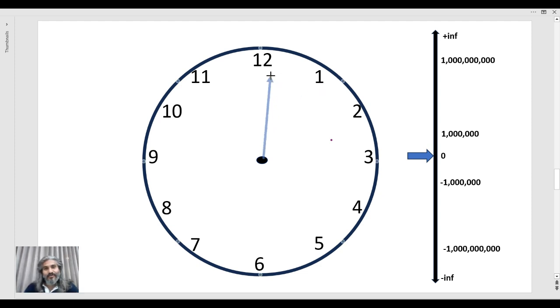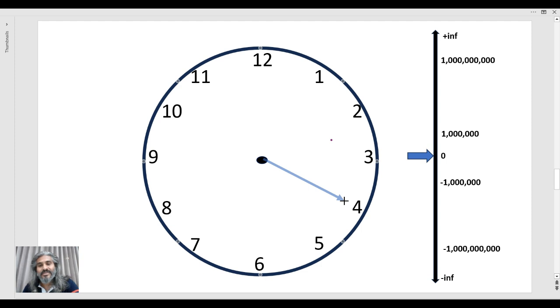So here, what matters to us is, relatively, when we have a certain point in time, we know the origin is at 12, and then we want to see how far off we are from this particular origin in either direction. When we go clockwise, the convention is that time is moving in the positive direction.